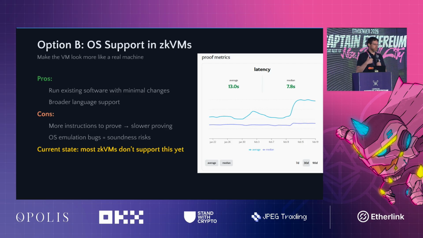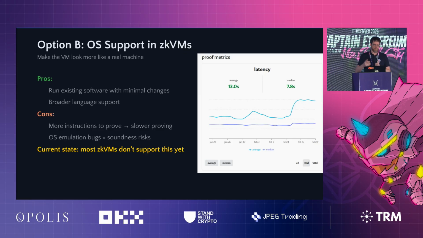The disadvantage is that it's going to require the zkVMs to implement more logic, because those OSs work with advanced hardware features like memory protection and things like this. They will need to be implemented. That means that you need to have more hardware support in the zkVM.